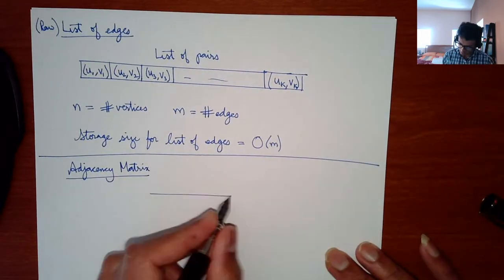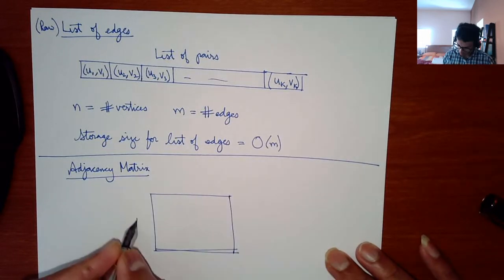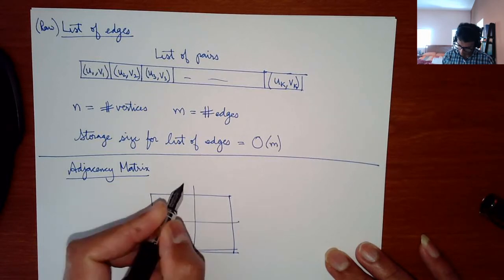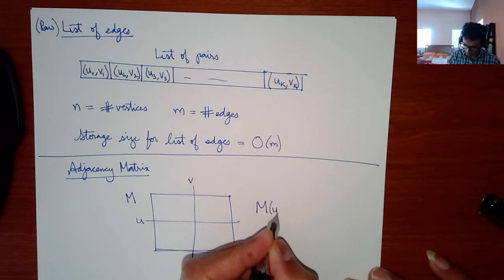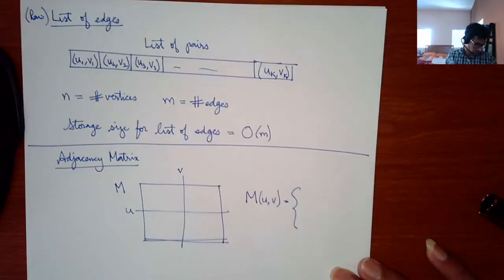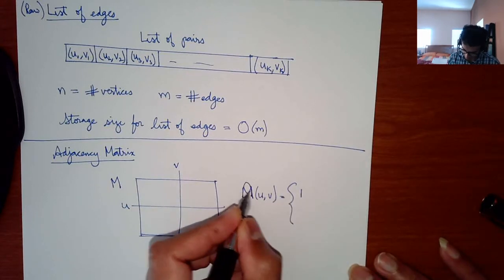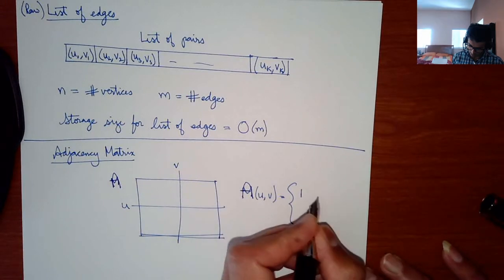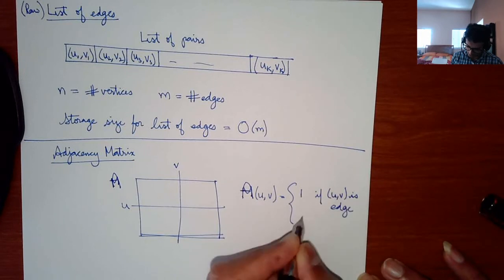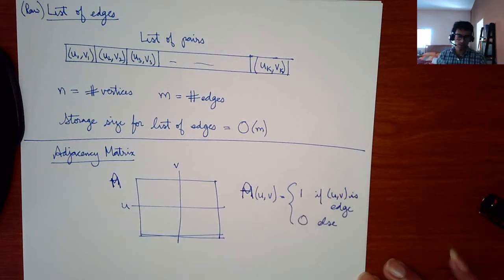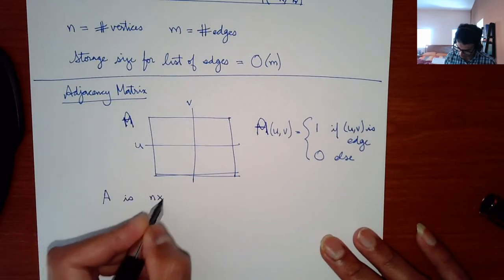The way to think of it is basically it's a matrix M where M U V, or sometimes this is also called A, the adjacency matrix A, is 1 if UV is an edge, 0 otherwise, and so A is an n cross n matrix.